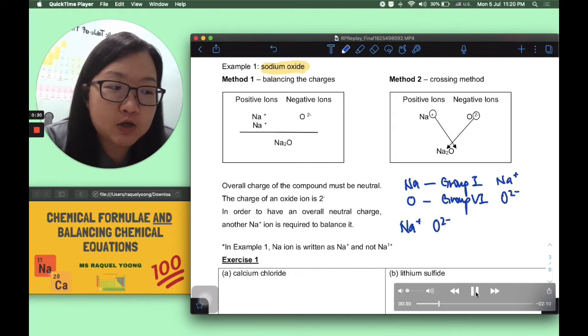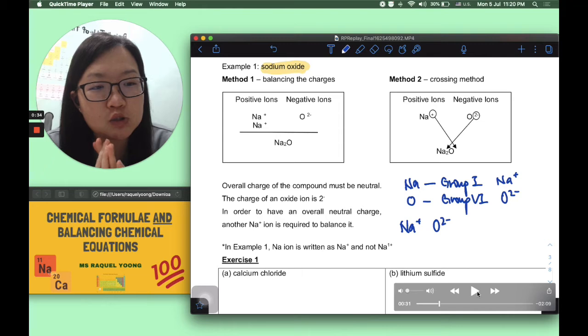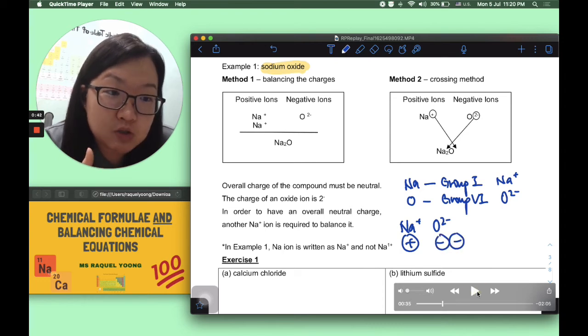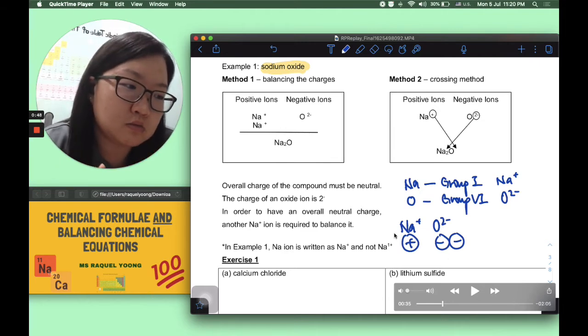If you look at the cation and anion side by side in terms of their charges, every 1 unit of your cation gives you one positive charge, and every 1 unit of your anion gives you two negative charges, O2-.